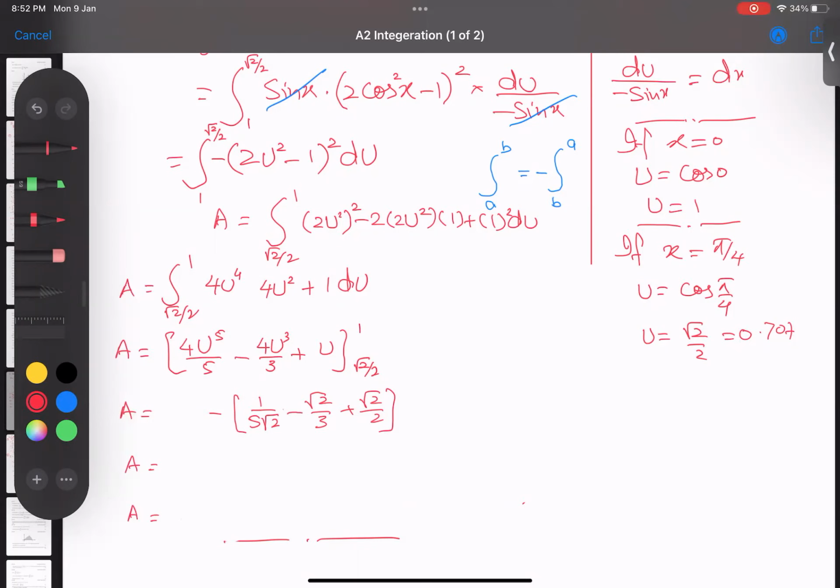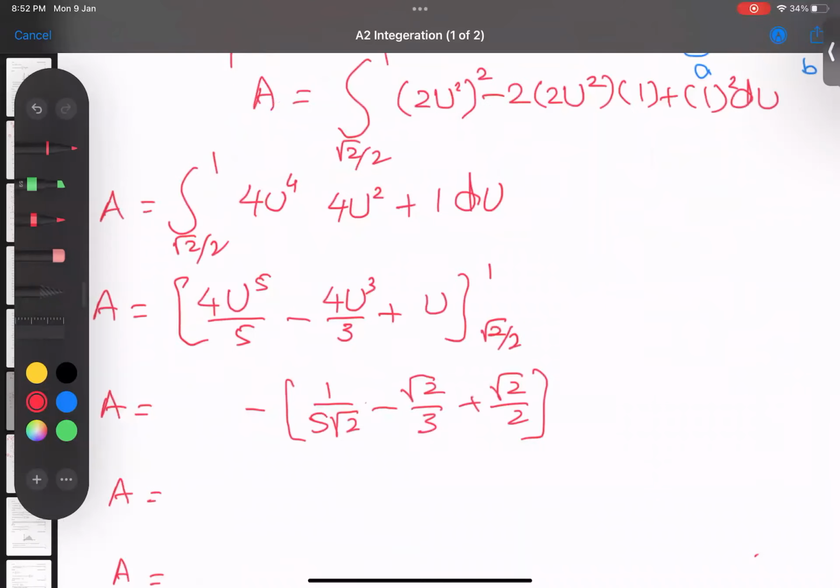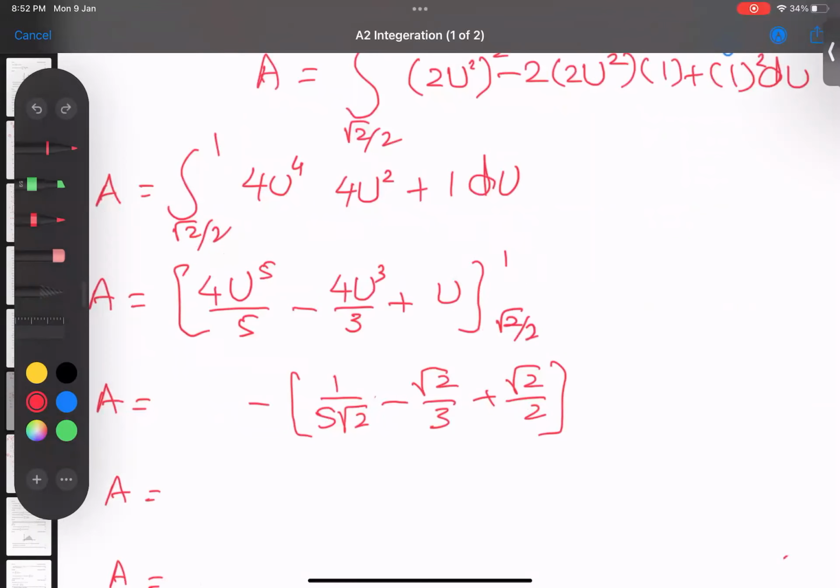And now, if I check it, first I plug in 1, that is 4 divided by 5 minus. Actually, what I'm doing now, I'm replacing every u by 1. So 4 by 5 comes from here, minus 4 by 3 comes from here, and a plus 1. It gives us 7 over 15.